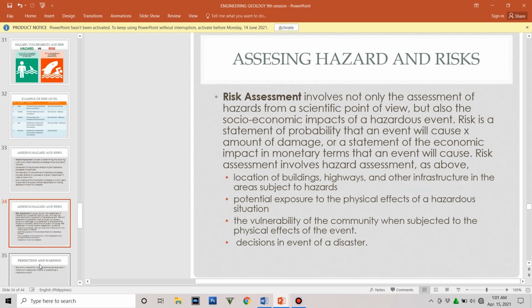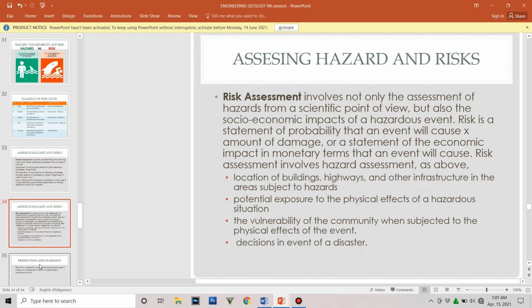It is a statement of probability that an event will cause the amount of damage or a statement of economic impact in terms of monetary. Okay. Risk assessment involves hazard assessment as above. We have location of buildings, highways, and other infrastructure in the areas subject to hazards.